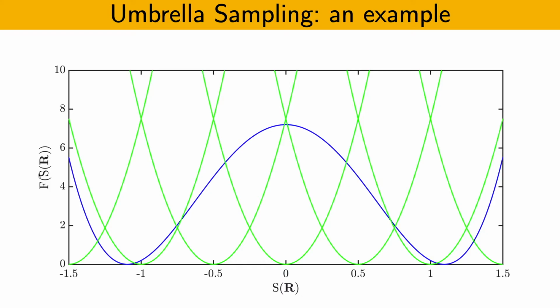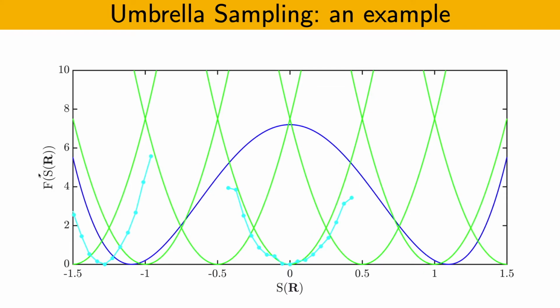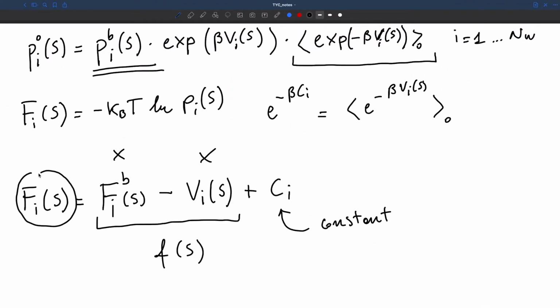If we perform independent simulations in the presence of each one of these bias potentials, we can reconstruct the biased free energy, what I called Fi biased in these notes.